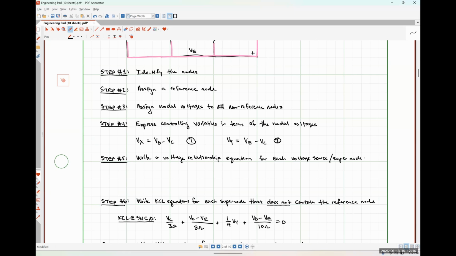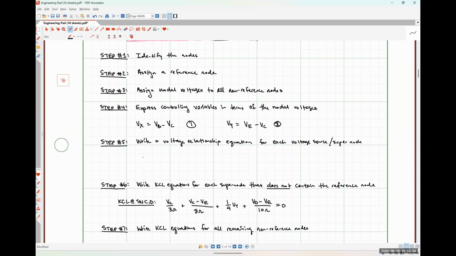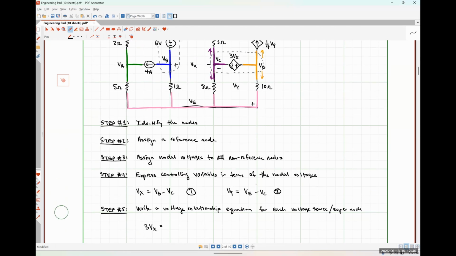And this is an attempt to remind you guys that from a nodal analysis perspective, they're the same thing. Every voltage source is a supernode, okay? So that 3Vx voltage source is supplying, obviously, 3Vx voltage. What's the nodal voltage at the positive polarity terminal of that dependent source?